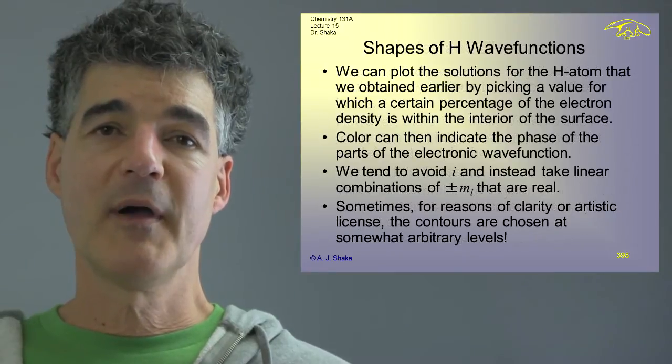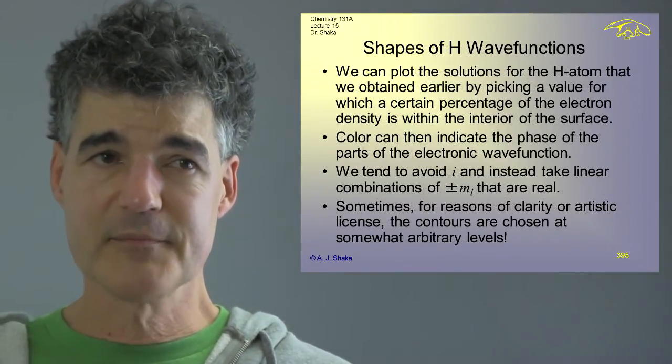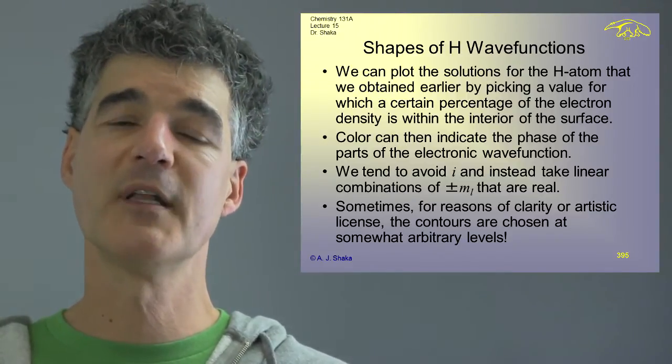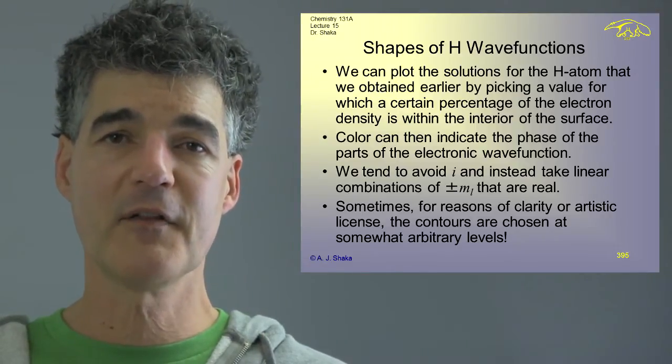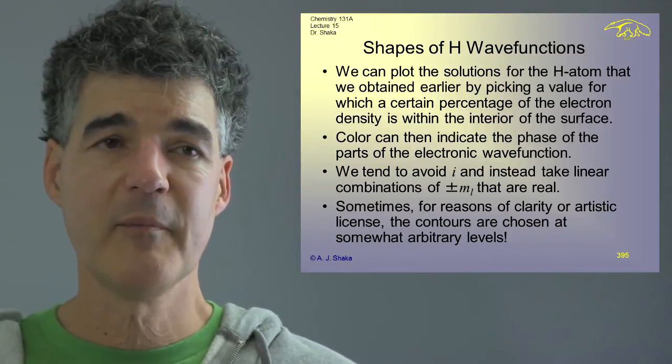Now I want to talk about the shapes of the hydrogen wave functions. We can plot solutions. We had the equations, but let's just look at the shapes of the wave functions themselves, not the radial distribution function, but the angular part as well.